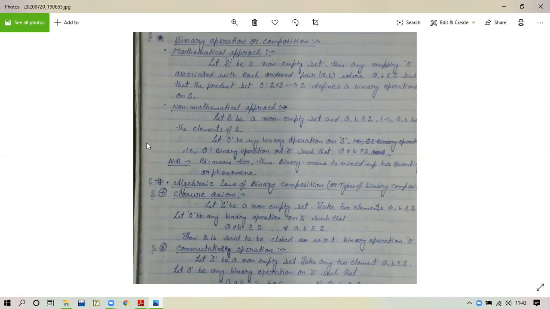How can we define a binary operation mathematically?